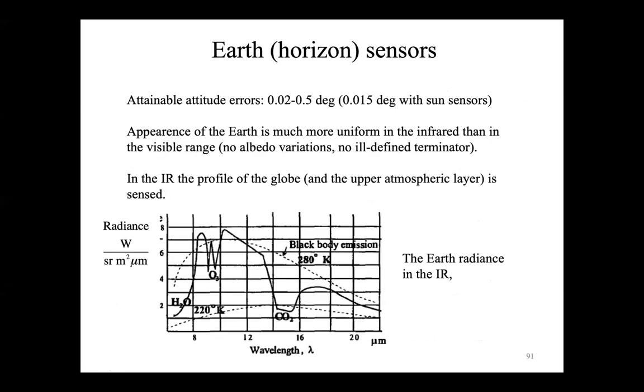The Earth horizon sensors will be dealt with in this lecture not by using the sensor in the QUEST algorithm or in the extended Kalman filter, but in principle you can use Earth horizon sensors to determine the attitude of the spacecraft, especially two axes of it. We are going to see a method for Earth horizon sensors that gives you good knowledge of the spacecraft's roll and pitch axes.